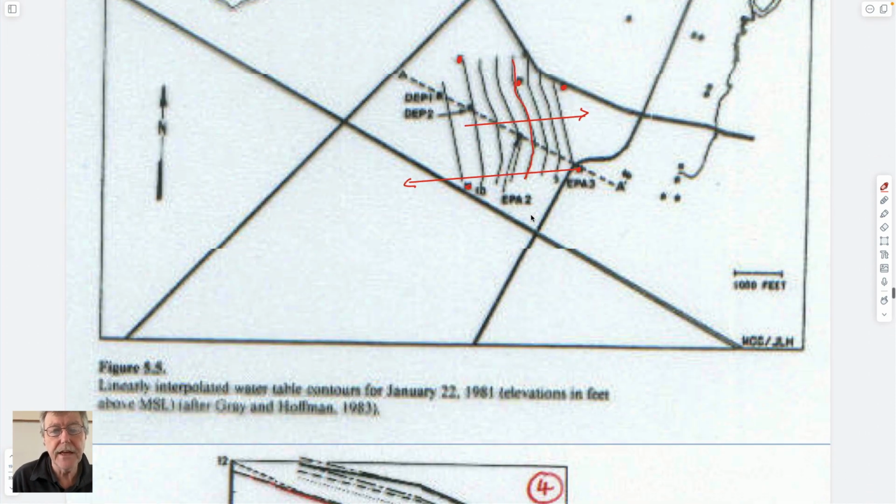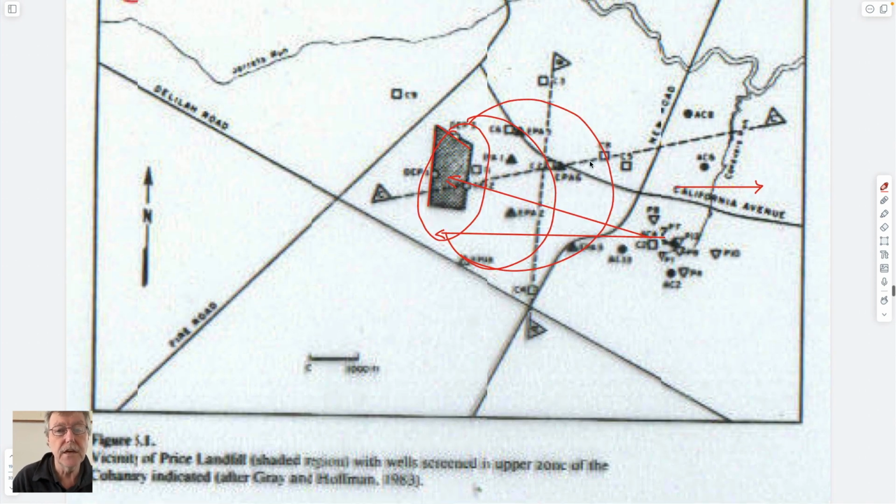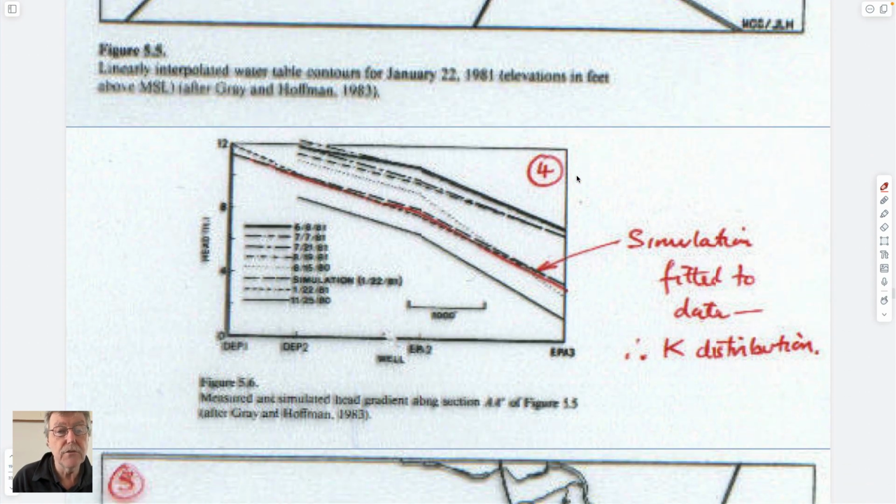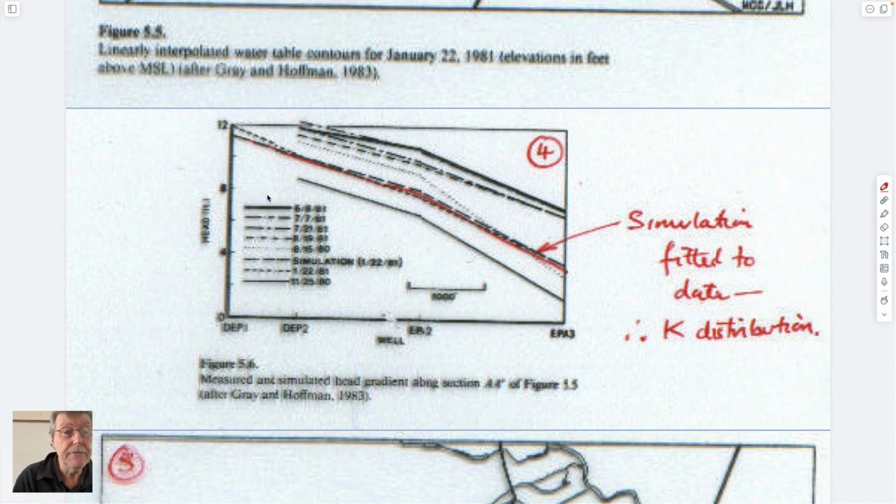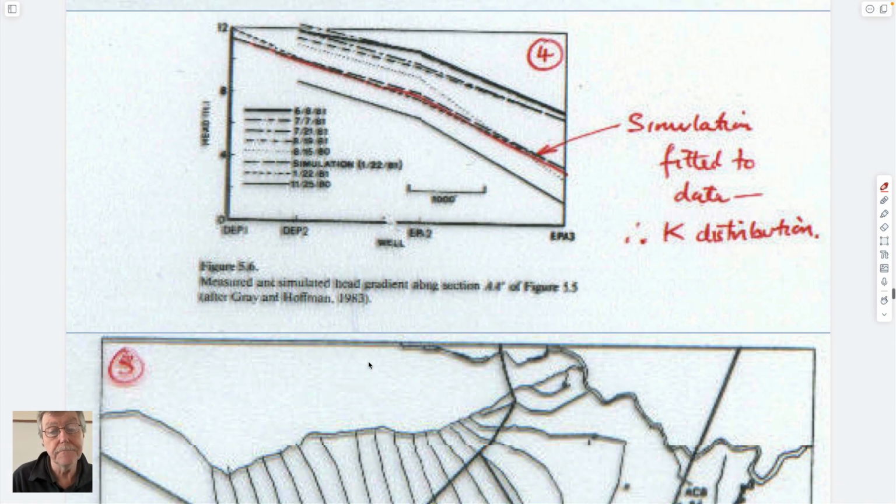The easiest way to do that is to take these transects through the site and draw up the head distribution maybe along this transect, along here. If you do that, you might get a graph like this. And if you have your data, your data, plural, are the red here, you try to relate those to calculations you get by using different magnitudes of hydraulic conductivity in the model. If you get a match of model to data, then you think you might have a viable model to work through your system.